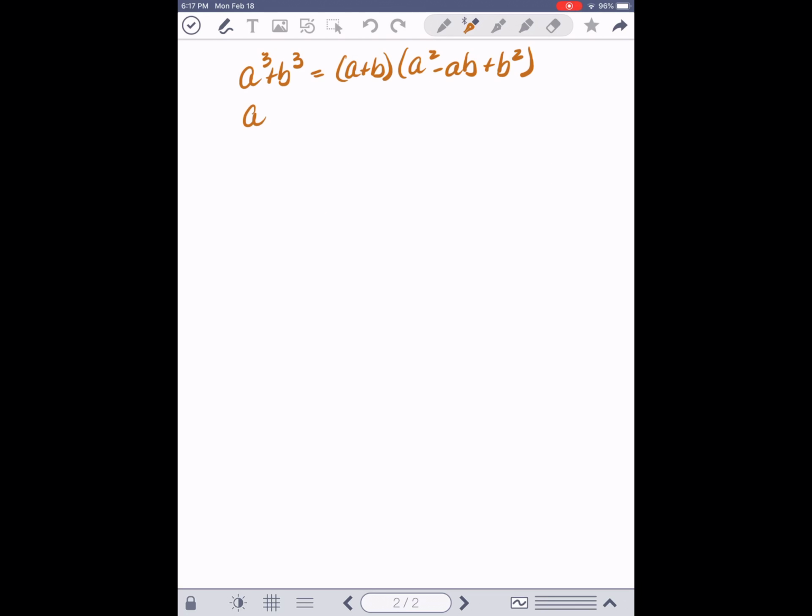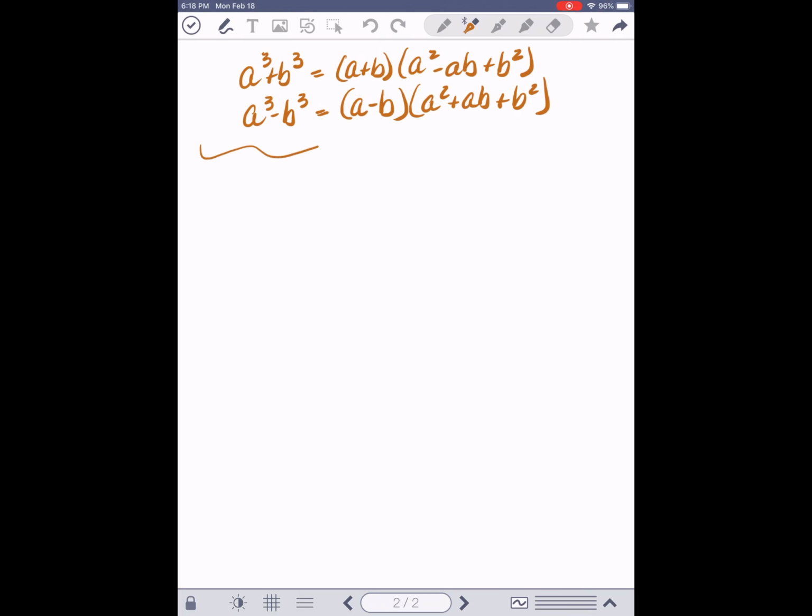And we have a cubed minus b cubed, and that equals a minus b times a squared plus ab plus b squared. So those are your two formulas that you'll want to remember.